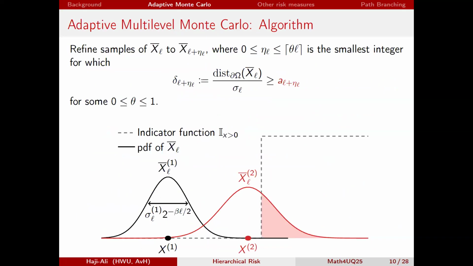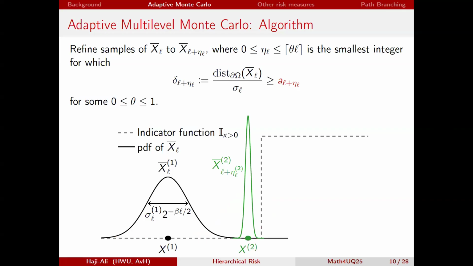Okay, so the adaptivity is where we'll begin, and that's within the multi-level Monte Carlo context. And the idea is very simple. For samples that are far away from the discontinuity, you can get away with a rough approximation. For samples which are close to the discontinuity, you want to be a little bit more sure by refining the approximation so that you know which side of the discontinuity the sample falls on.